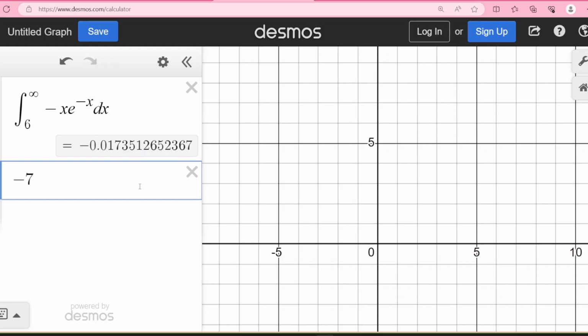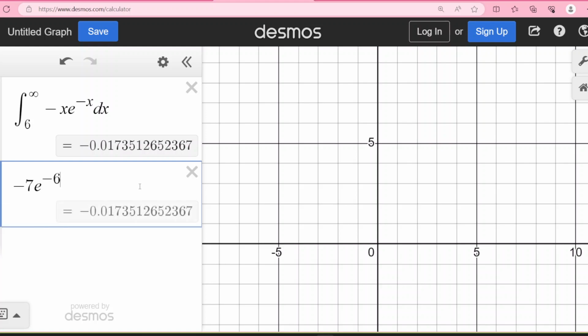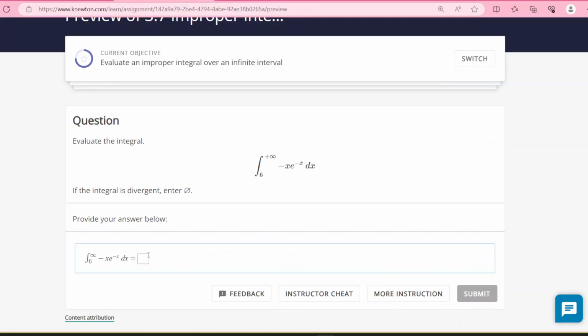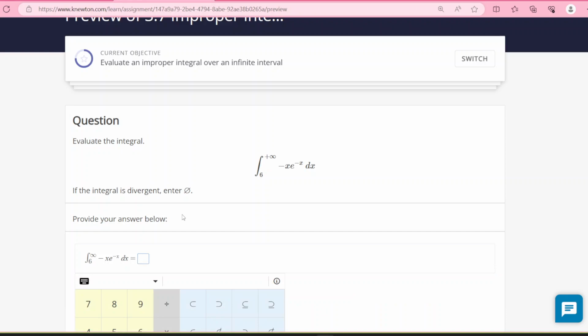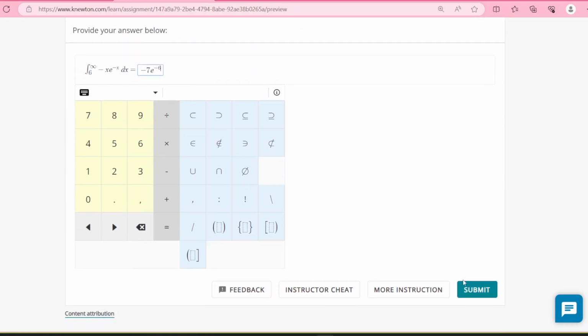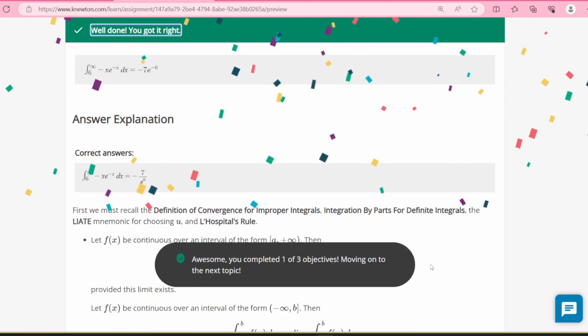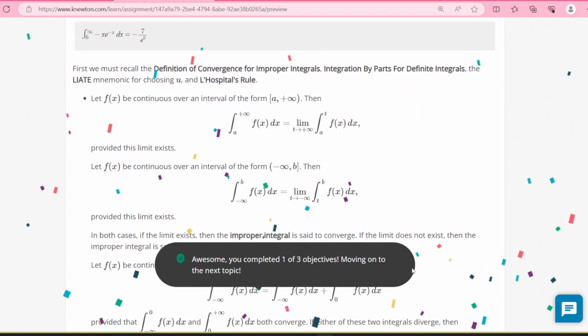Negative 7 times e to the negative 6th power. And look at that. Those match to that many decimal places, so it looks pretty good. All right, so back here, typing in negative 7 times e to the negative 6th power, or negative 7 divided by e to the 6th. Same thing. Great.